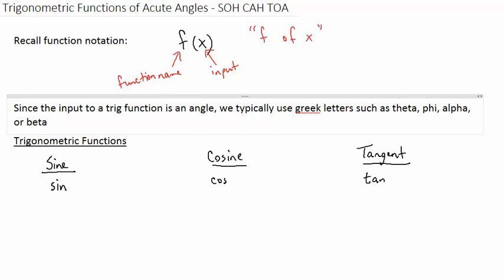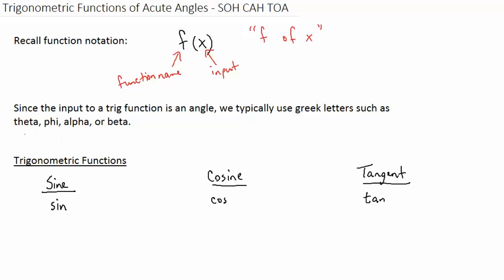Now let me show you what they look like. Theta looks like this, phi looks like that, alpha is this, and beta looks like that. There are other Greek variables you can use for inputs to trig functions, but these are very common, and perhaps the most common is theta. That's what I will tend to use most commonly.